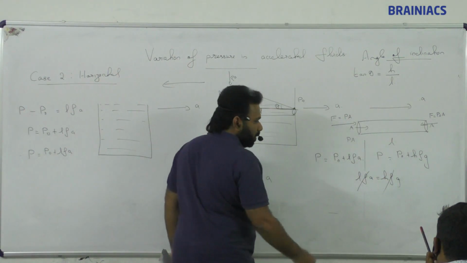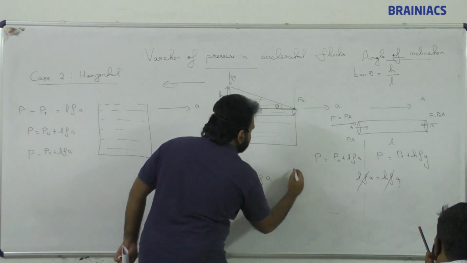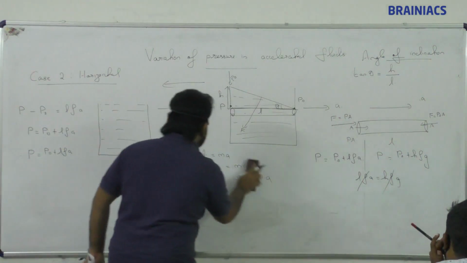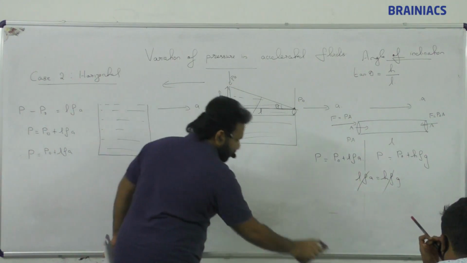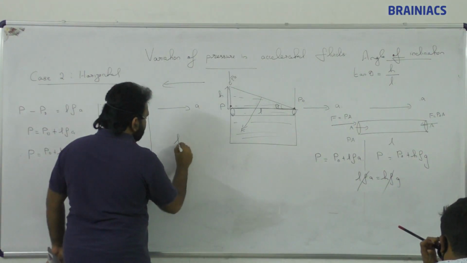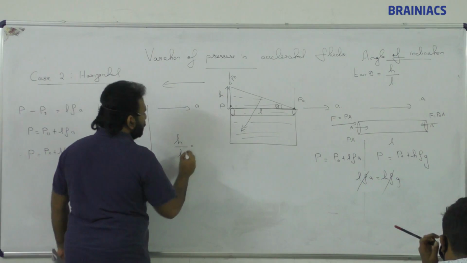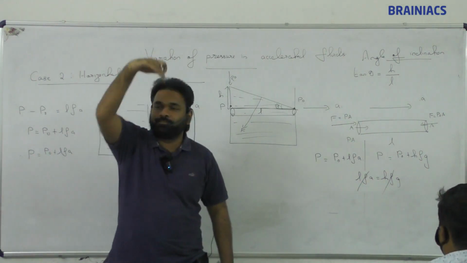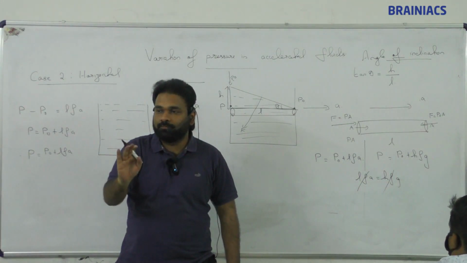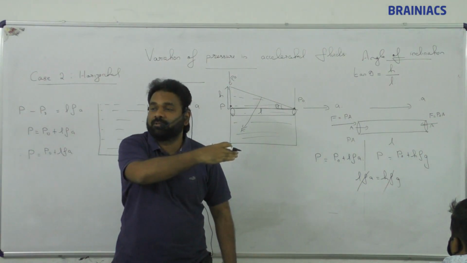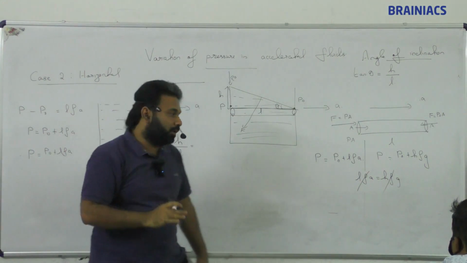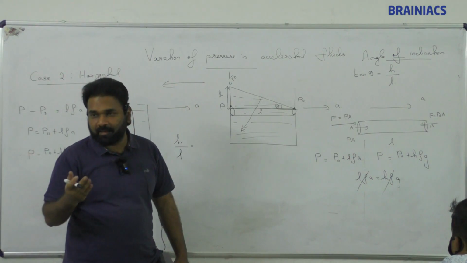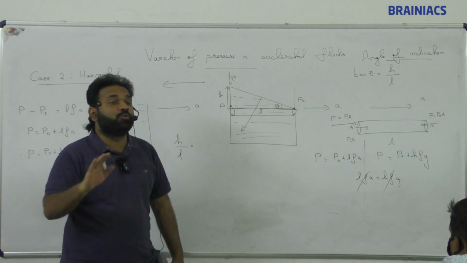So I could write H by L is equal to what? This H is in this direction, so we should not take g there; take the other acceleration. Keep it that way in memory. Otherwise, if we write H by L is equal to g by a, we may misunderstand and make a mistake in a hurry.